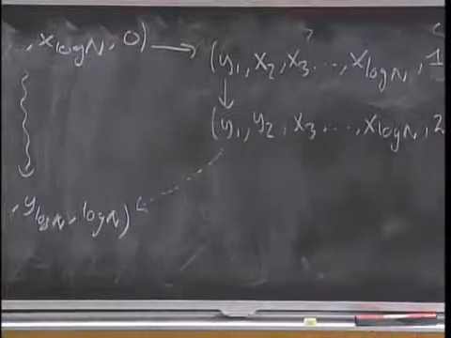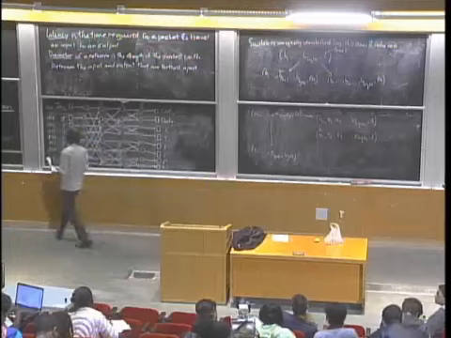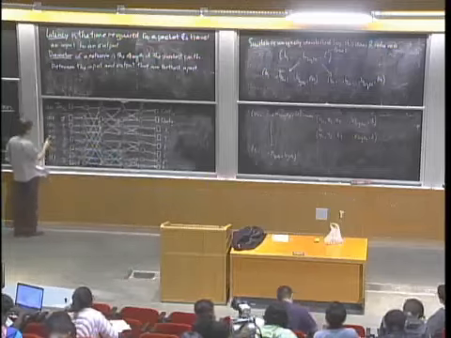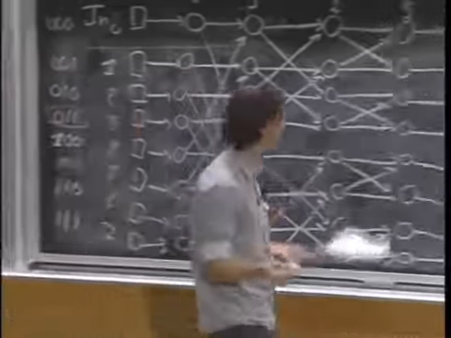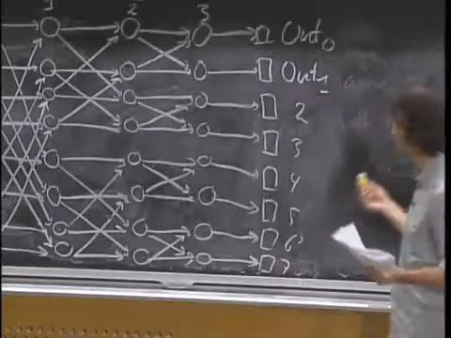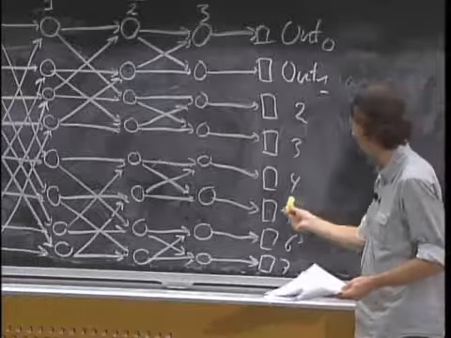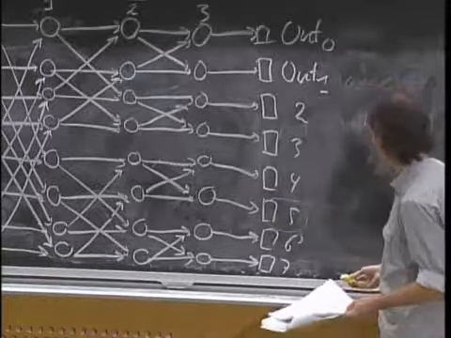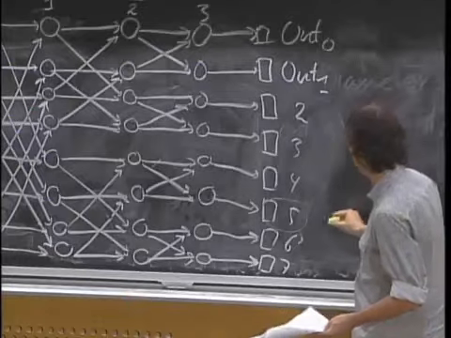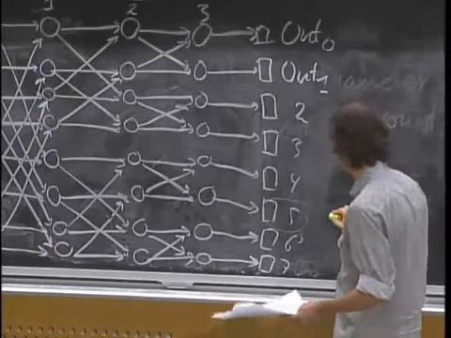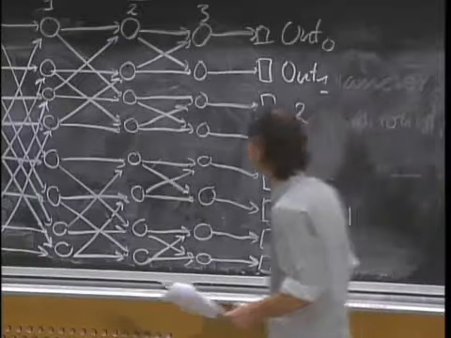So let's have an example. Suppose I want to connect, say, this one to, for example, let's say this particular output. What's the binary for this one? This is actually 1, 0, 1.